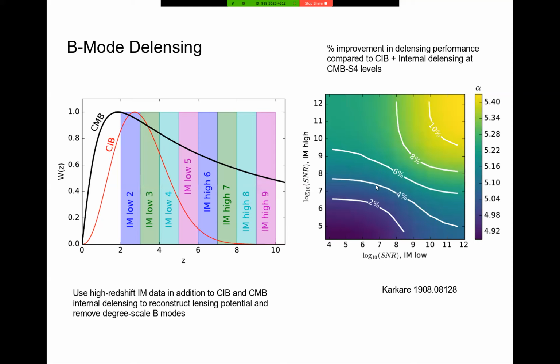And I think the answer we've come up with is you can do a little bit better. It doesn't help you a huge amount. So the plot on the right is signal to noise versus, I think, a camera model. And the basic answer is you get something like a 10 to 15% increase, which is not bad.